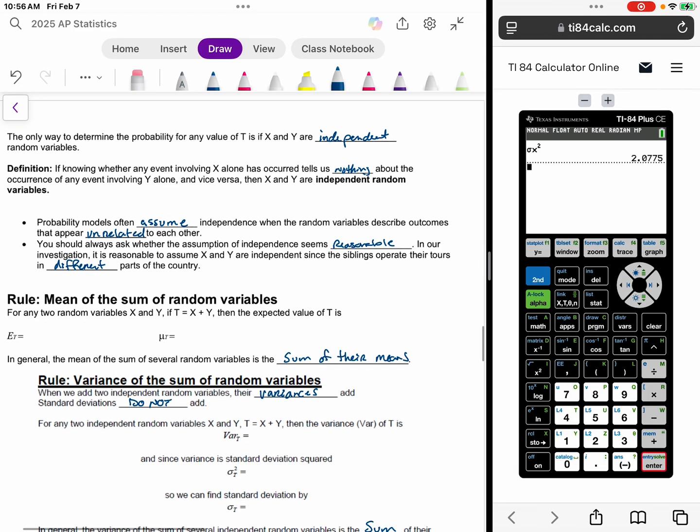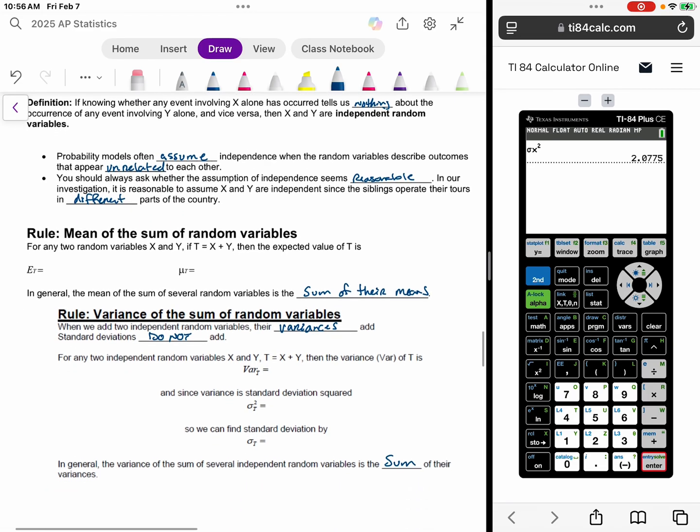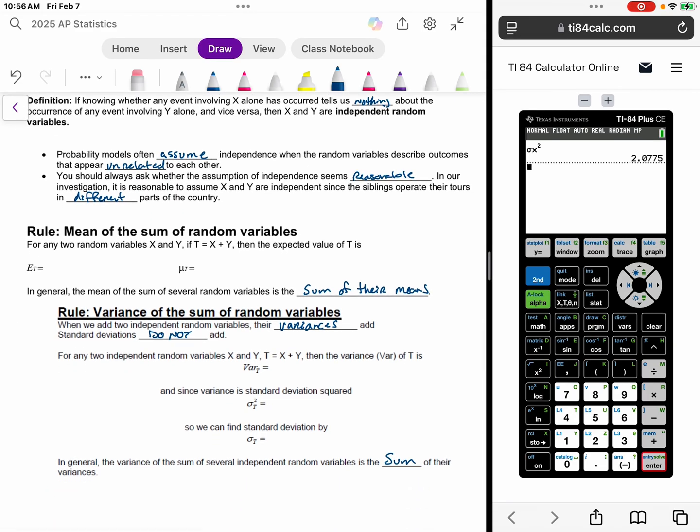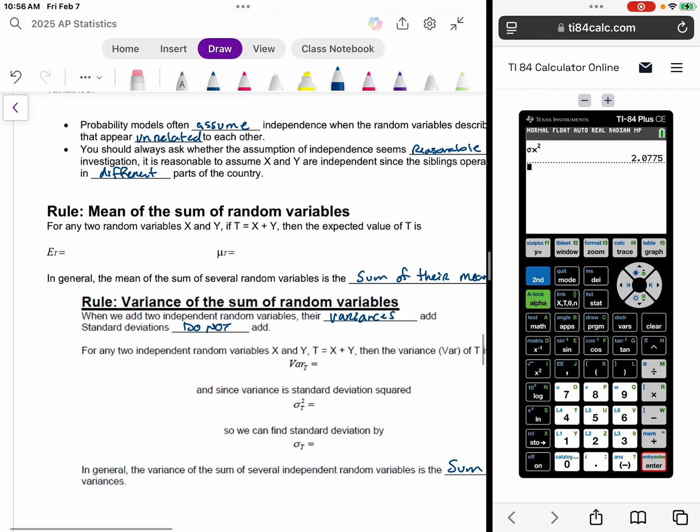All right, so the mean of the sum of random variables. Technically, if you want to take the white pen tool, you don't need that thing right there. So our expected value, remember, capital E was typically our expected value. We learned that yesterday.